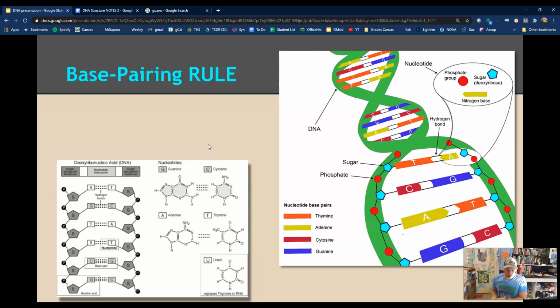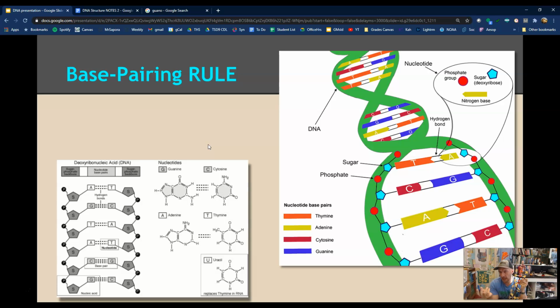If you look up and down the molecule, you'll see phosphate, sugar on the outside, up and down each side. You'll see the bases in the middle, and you'll see that the pattern of the bases varies. So you may get an A, G, T, C, you may get an A, A, C, T as you move up and down it. But you'll see one more pattern, one more rule that has to do with the bases.